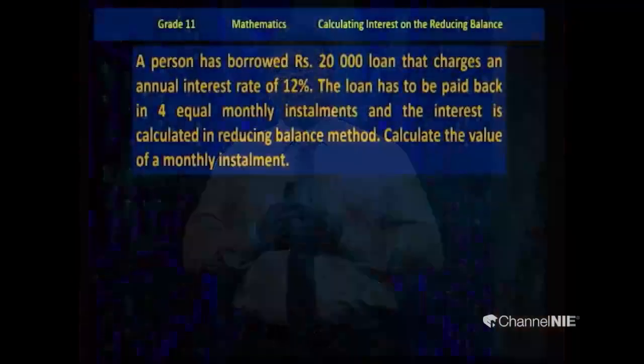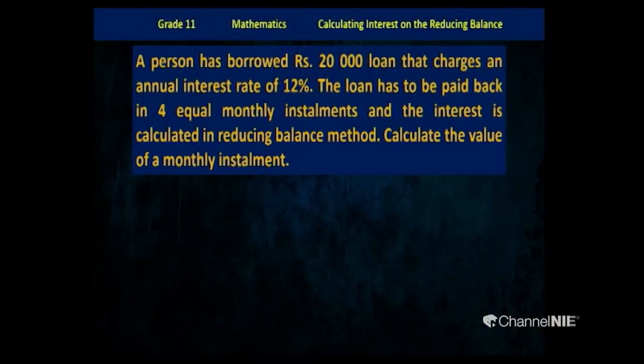Now let's discuss this problem with a small example. A person has borrowed rupees 20,000 as a loan that charges an annual interest rate of 12%. Now the loan amount is 20,000, and the annual interest rate is 12%. The loan has to be paid back in 4 equal monthly installments, and the interest is calculated by the reducing balance method.